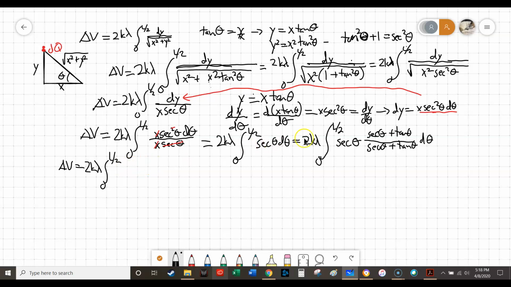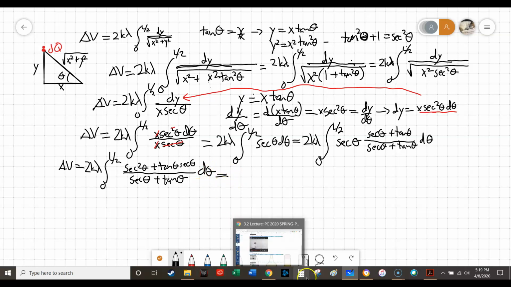Secant of theta times secant of theta plus tangent of theta is going to be secant squared of theta plus tangent of theta secant of theta, all over secant of theta plus tangent of theta, d theta.